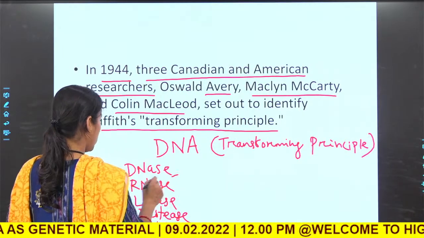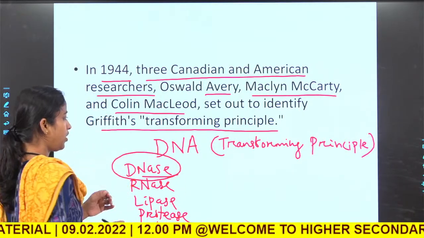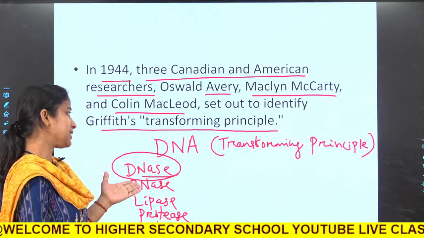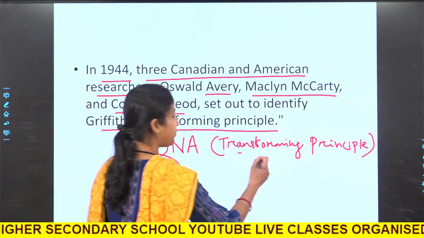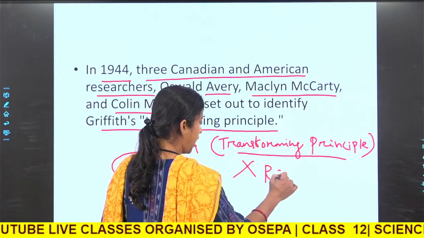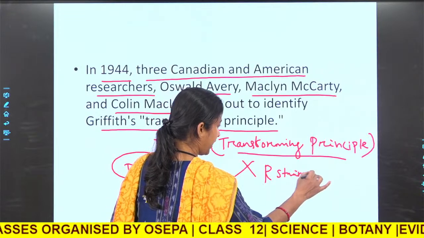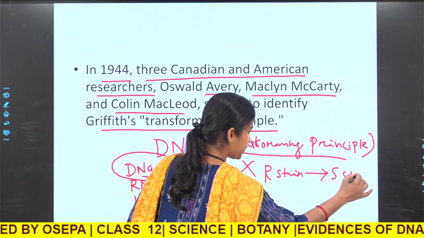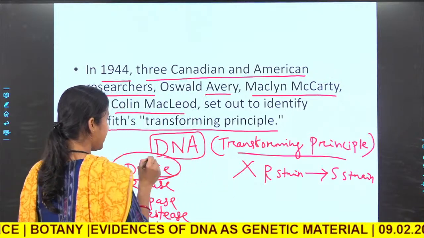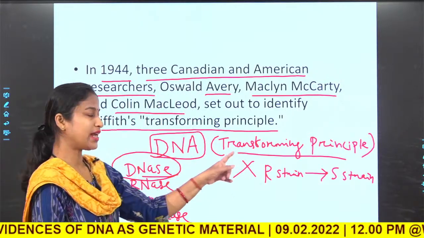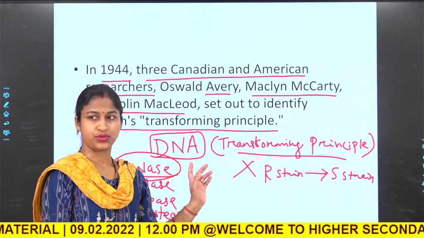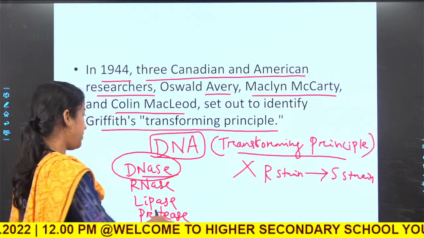But they found that when the transforming principle was tested with the DNase enzyme, it was no longer capable of converting the R strain into the S strain. So they confirmed that the DNA molecule is the transforming principle that converts the R strain to the S strain. Okay. This is one experiment.